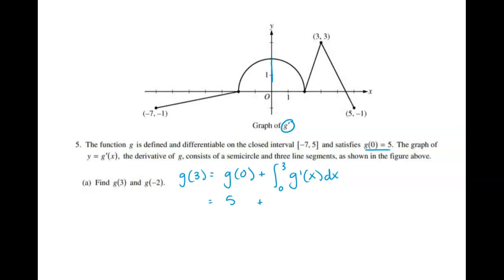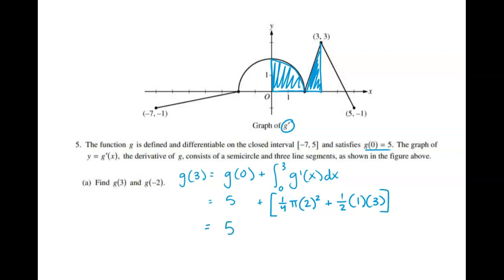So from 0 to 2, we have a quarter of a circle here. The area of that is 1/4 pi times r squared, r is 2, plus from 2 to 3, we have this triangle. And the area of the triangle is 1/2 times our base of 1 times our height of 3.